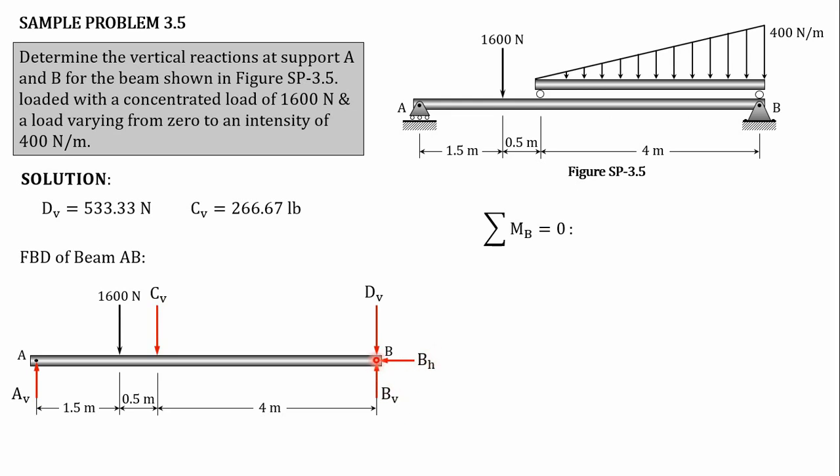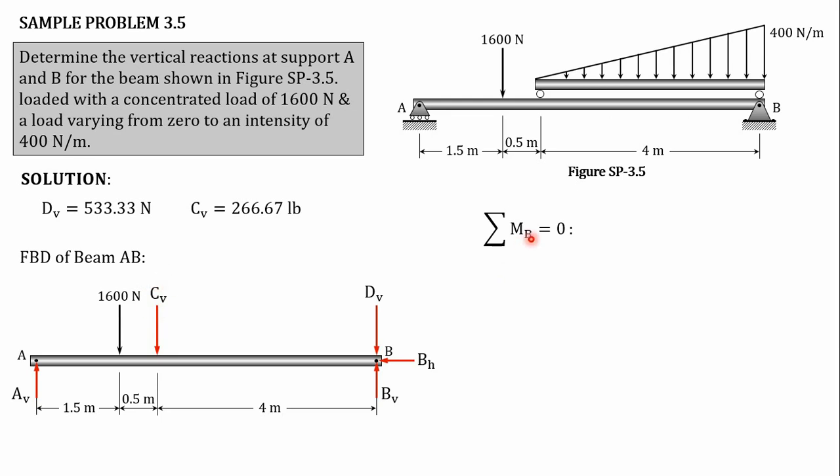So, kapag nag-moment tayo at point B, hindi makakaikot ng tatlong force nito. Okay, kasi yung line of action niya is it will intersect the moment center. Okay? So therefore class, yung makakaikot lang na forces is itong tatlong to.